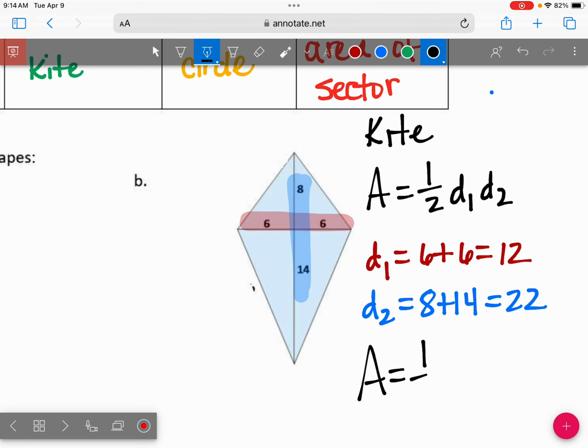So now find your area. Area equals 1/2 times 12 times 22.